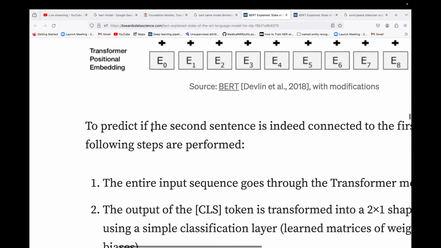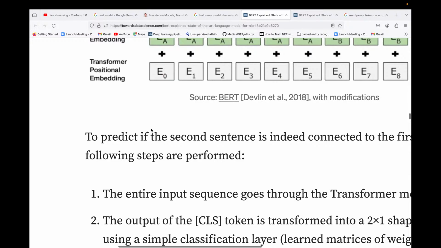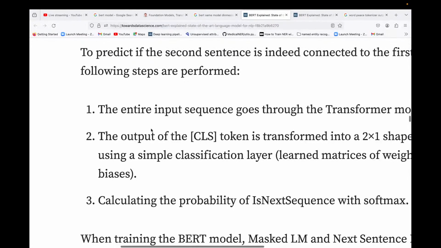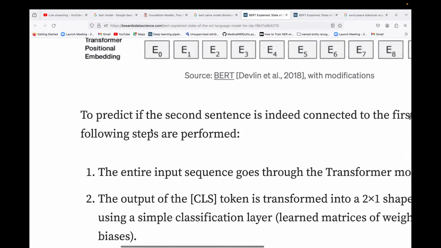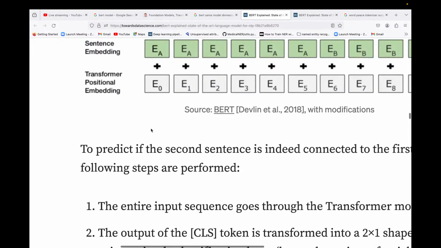And after that, we generate the three matrices: keys, queries, and values, based upon the embedding dimension like 768 per word and the sequence length. Suppose the maximum sequence length the BERT model takes is 512, so your matrix will become 512 by 768.